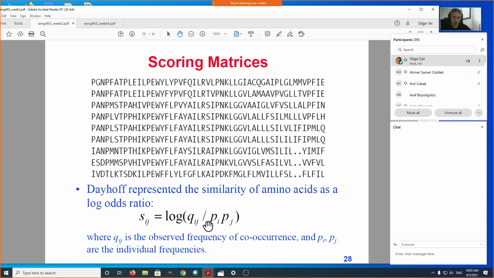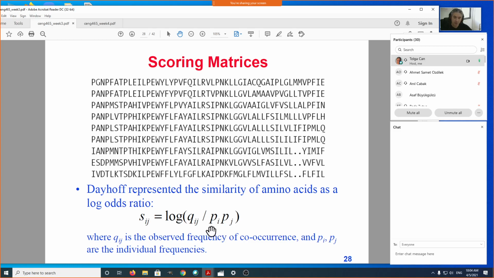This ratio can never be negative, because these are frequencies. The smallest a frequency can get is 0, and the largest is 1. So both Qij and Pij are values between zero and one, and their ratio is always going to be positive.